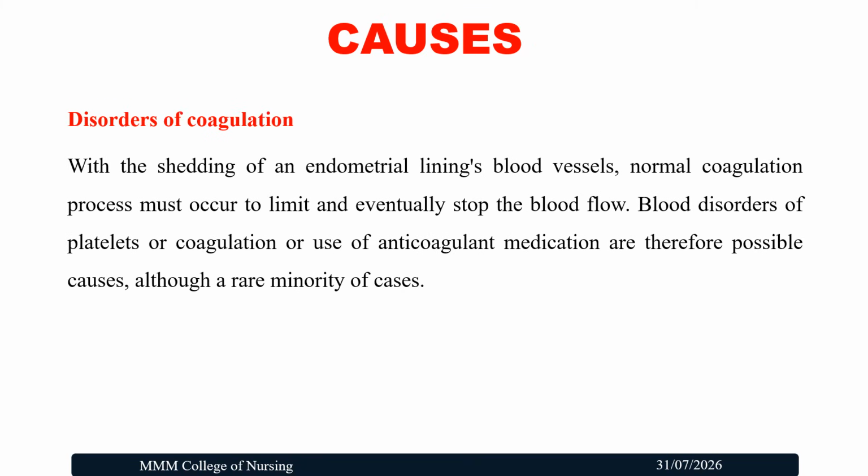The causes for menorrhagia: first is disorders of coagulation. With the shedding of the endometrial lining's blood vessels, the normal coagulation process occurs to limit and eventually stop the blood flow. So blood disorders of platelets or coagulation, or use of anticoagulant medications, are possible causes, although in a rare minority of cases.